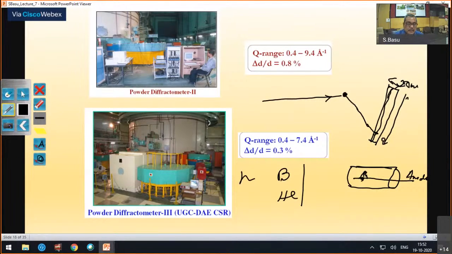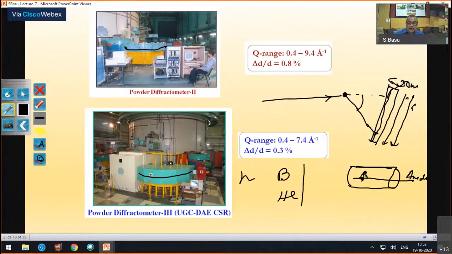That's why it's called a position sensitive detector. By knowing the position and the distance, with simple geometry, you know the angle. So this allows us to collect data over a large angle at a time. And actually not one, but there are 5 detectors sitting here, so you can collect the entire diffraction data in one go.